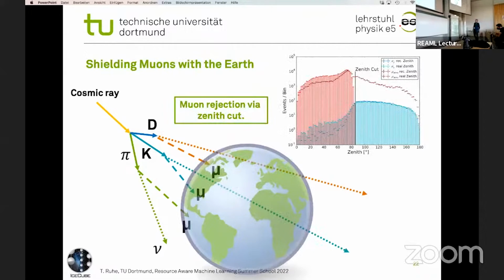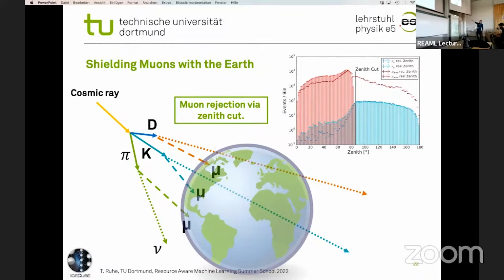The good thing is that you can use the Earth to shield the muons. Neutrinos, due to their small interaction cross-section, can traverse the Earth. Muons cannot. So the easiest and first thing to do is we look upwards. In the case of a neutrino telescope at the South Pole, that means we look north, or in angles, we look at angles larger than 90 degrees. 90 degrees would be the horizon.